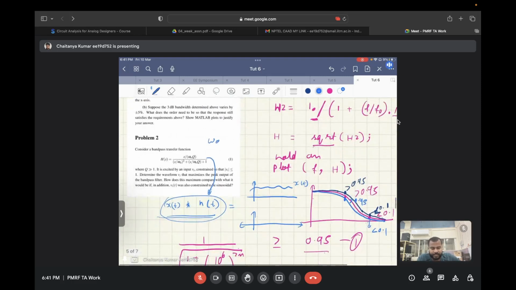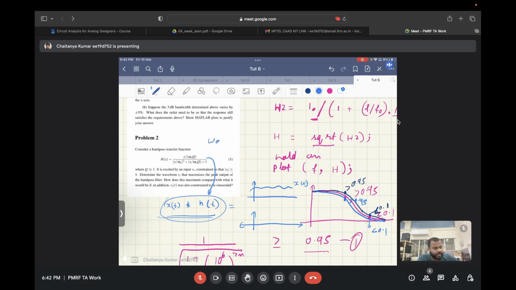And the hint that I gave you is that you should view it completely in the time domain, and you should view convolution as graphical convolution. If you view it in this direction, it should give you the answer to this question.